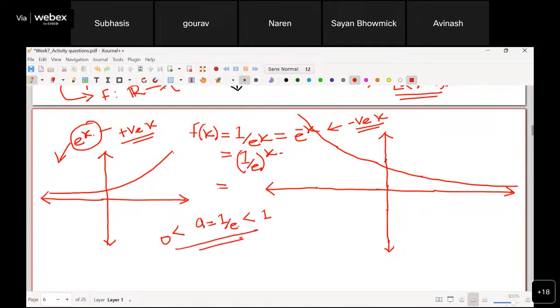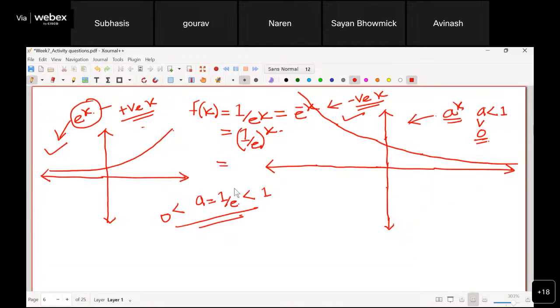So it's more or less the graph of a to the power x where a is less than 1 and certainly greater than 0. Whatever is happening here for positive x is happening for negative x, and whatever is happening for negative x is happening for positive x. Yes, sir. Thank you, sir.